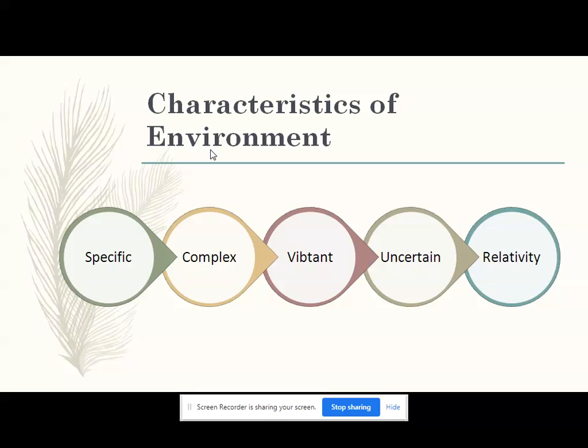So, studying the vibrancy is important. Now, the next characteristic is, as it is dynamic in nature, it is uncertain also. It implies that market forces are unpredictable in nature. Every marketer tries to predict market forces to make strategies and update their plans. It may be difficult to predict some of the changes which occur frequently.